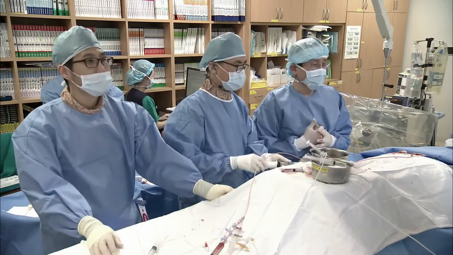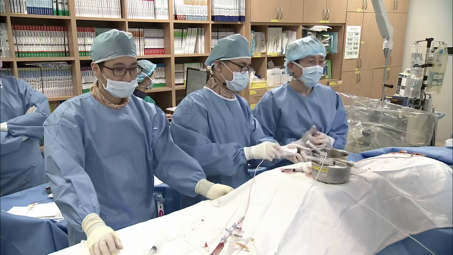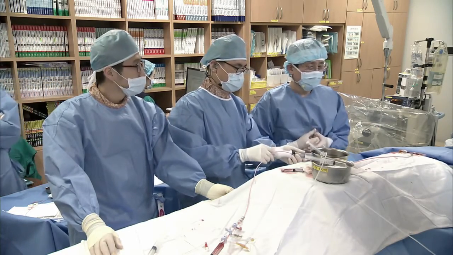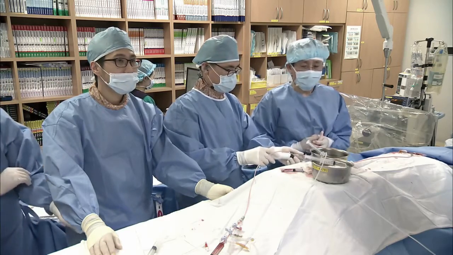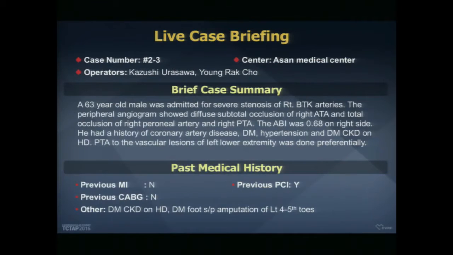I'm Dr. Urasawa from Sapporo, Japan, and today's case is critical limb ischemia, Rutherford 5, a very small unhealing ulcer at the fourth toe. So, can I have the case presentation? The patient is a 63 year old man, and he presented with diabetic foot pain.